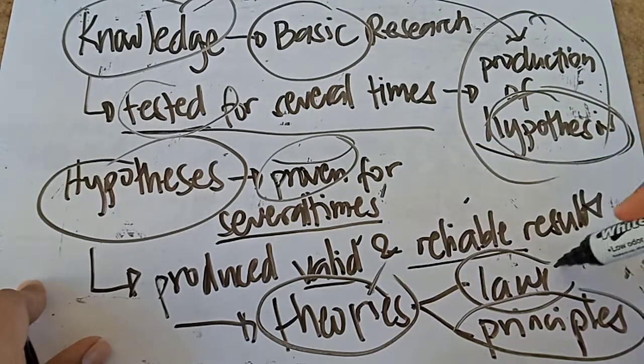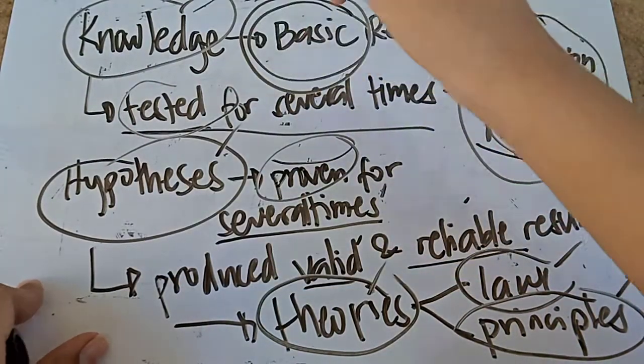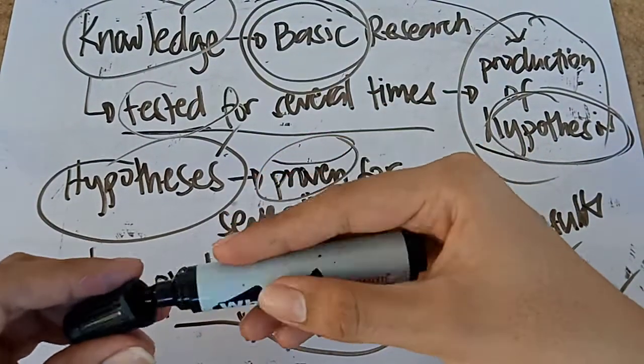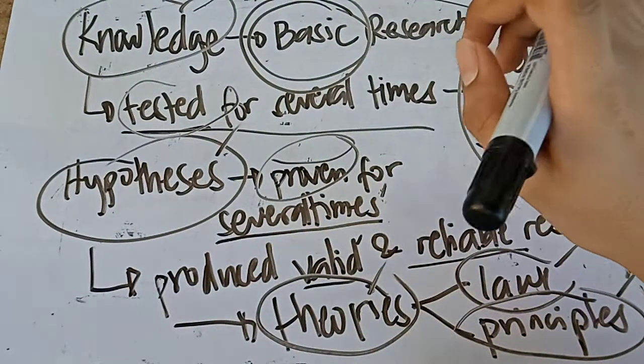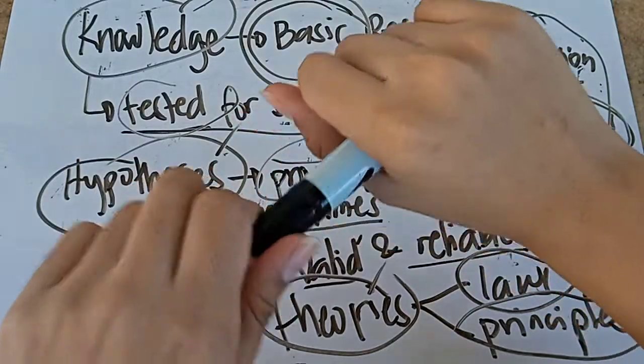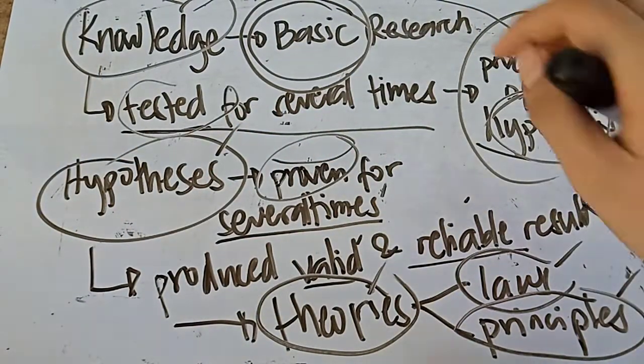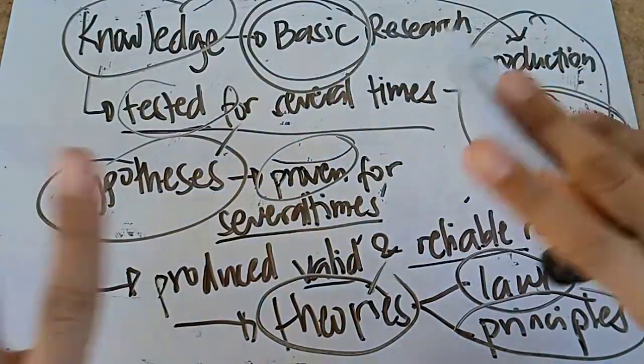Meaning, theories, laws, principles, and hypotheses are all derived from basic research. So that is the main concept of basic research. Now, how can we differentiate theories, laws, and principles? Try to write this concept down.